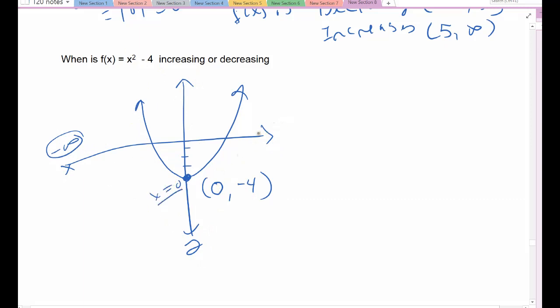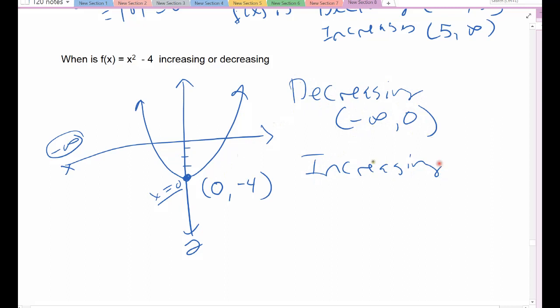That's the x value. And so I'm decreasing from negative infinity to 0. It's the x values. I'm increasing from 0 to infinity. I'm moving up between the x values 0 to infinity.